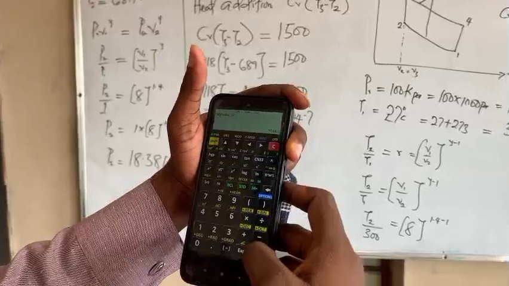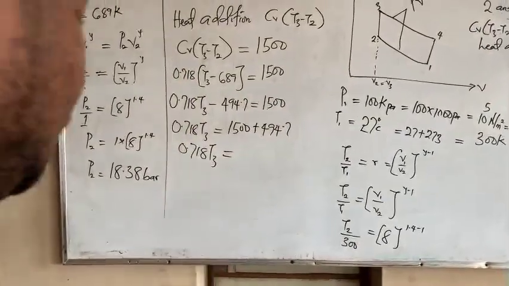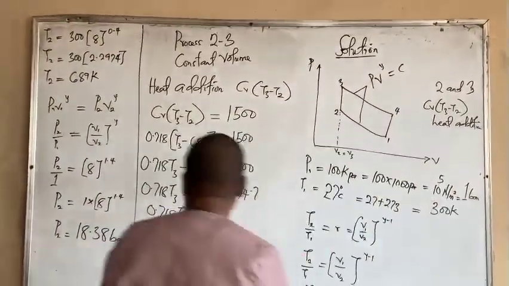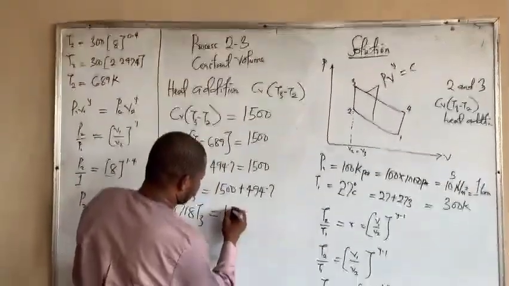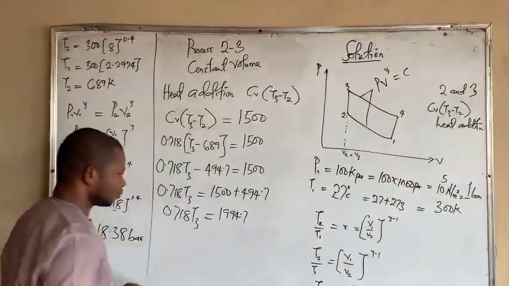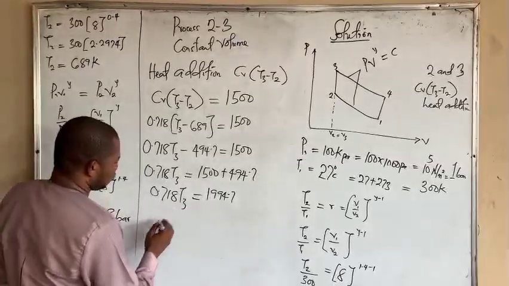That will give me 1,994.7. What do we do? We divide both sides by the coefficient of this.